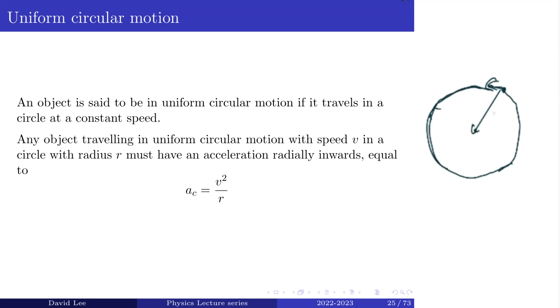The magnitude of the acceleration has to be equal to v squared over r, where this is r, this is its velocity. And this is known as the centripetal acceleration.